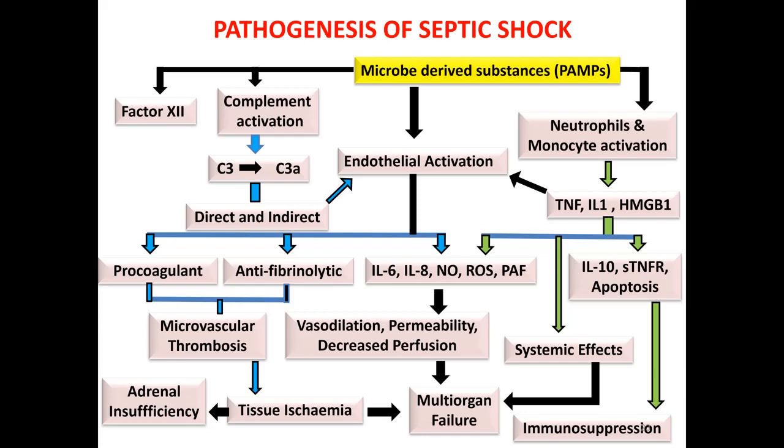On the other hand, again we follow microbial derived substances leads to neutrophil and monocyte activation. Now we follow the green arrow.